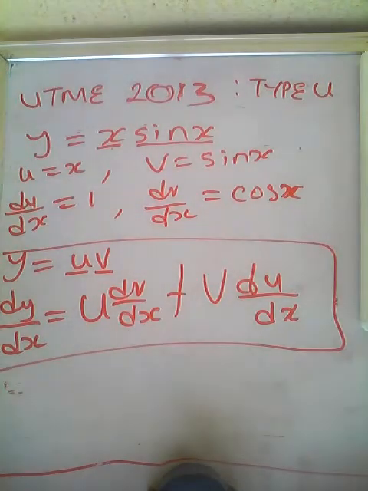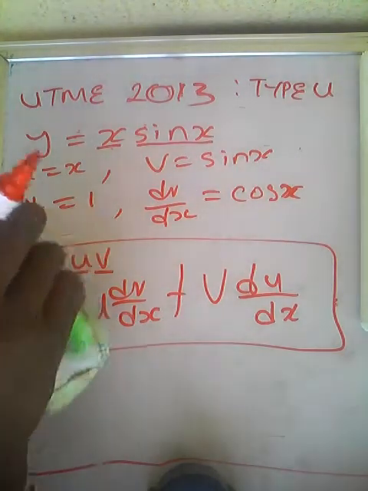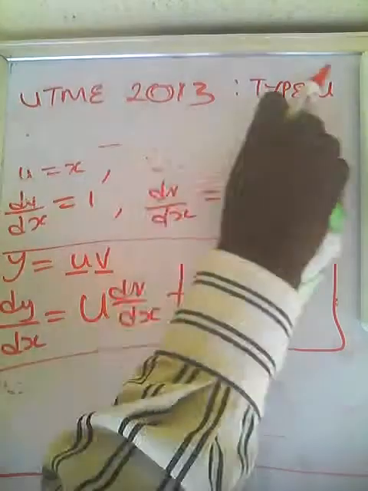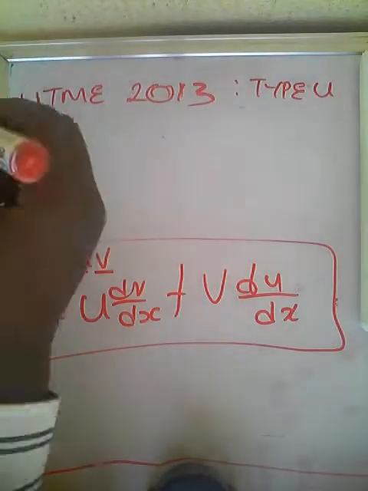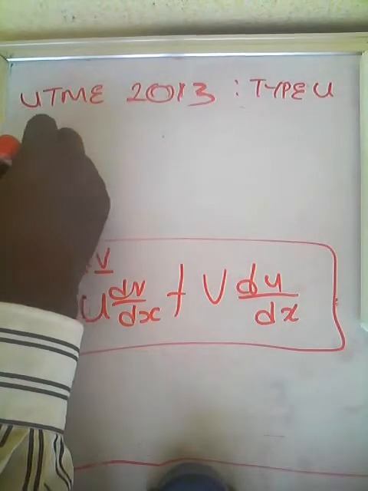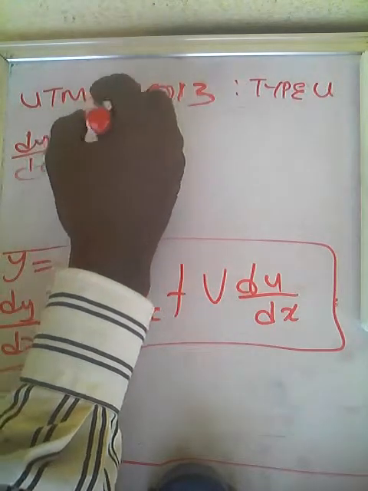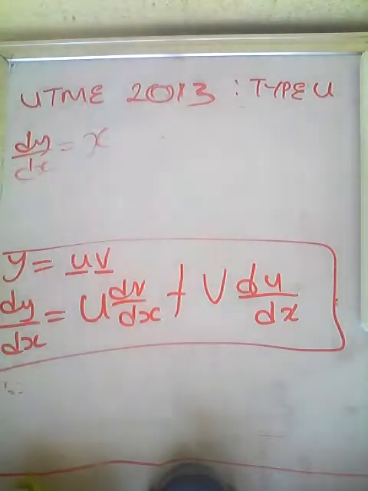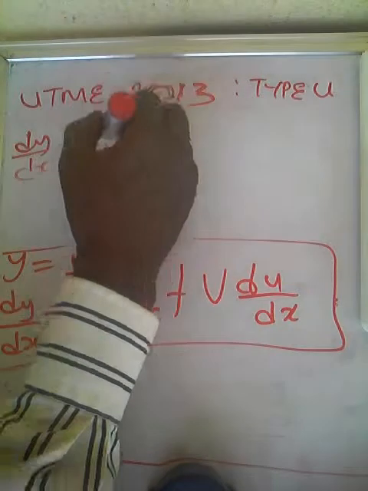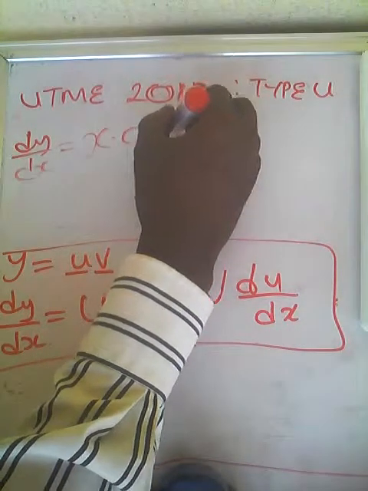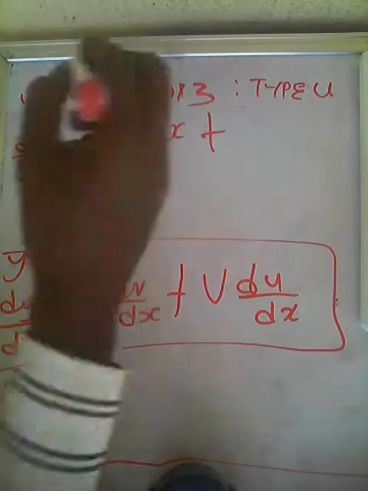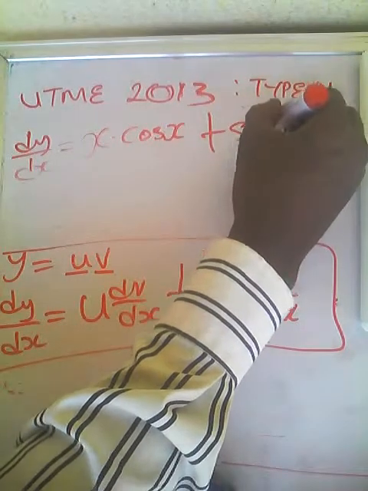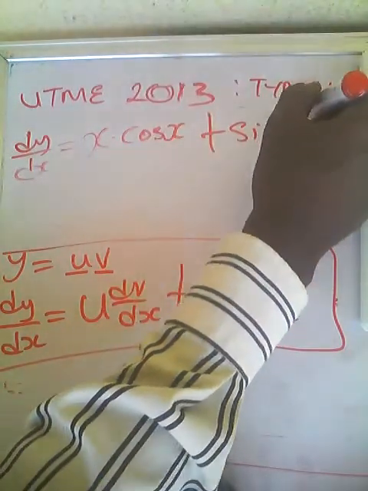Doing that, u is x, so dy/dx will be x, standing for u, times dv/dx, which is cos x. Then plus v, our v is sine x, times du/dx, which is 1, so times 1.